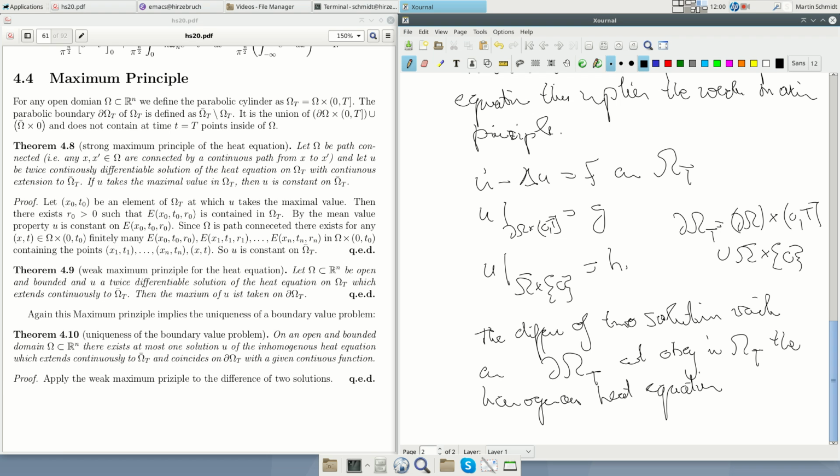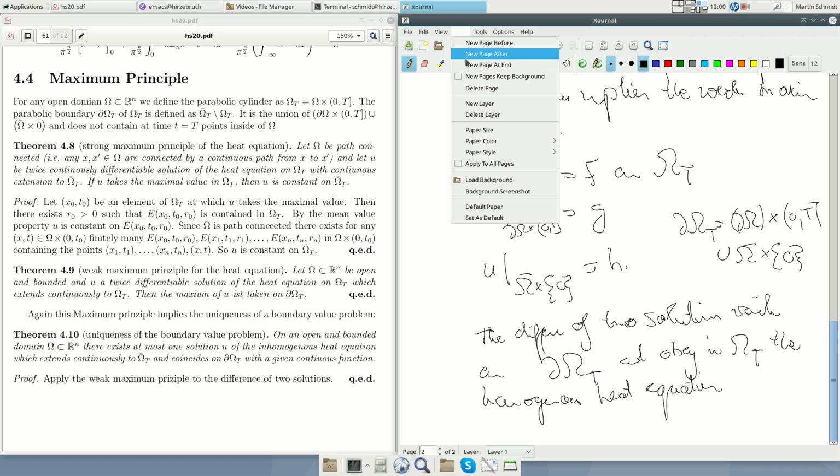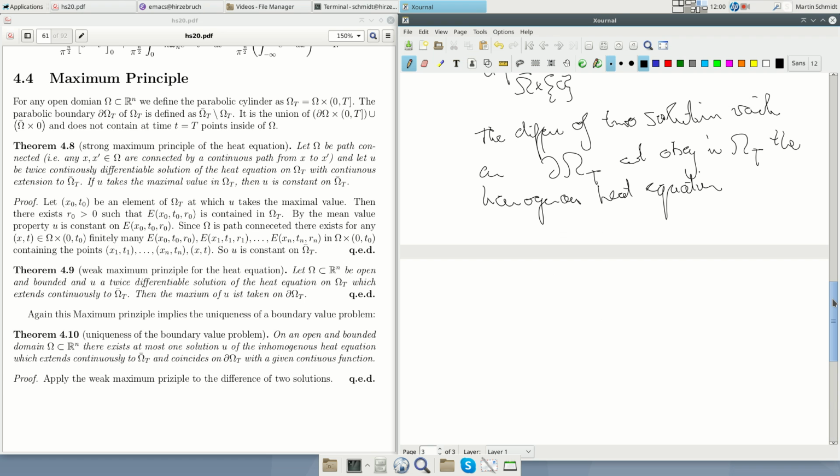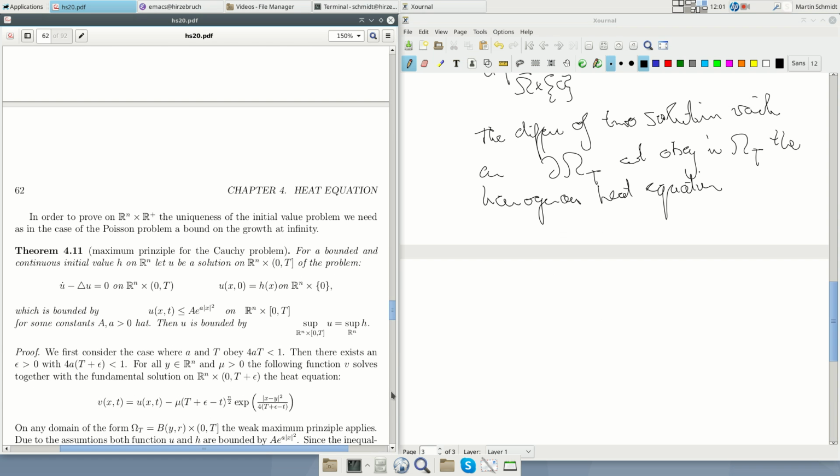Okay, so now it's clear we have this uniqueness of the boundary value problem, and now we want to extend to the Cauchy problem. This means if we do the same thing on Rn, we also want a maximum principle for the Cauchy value problem.